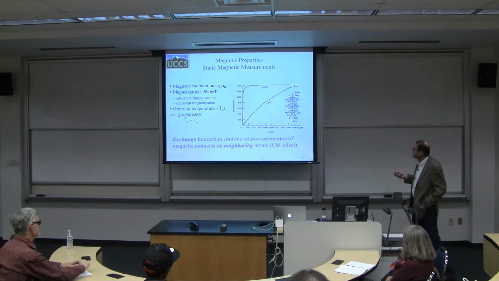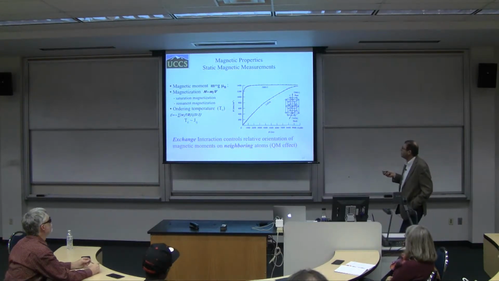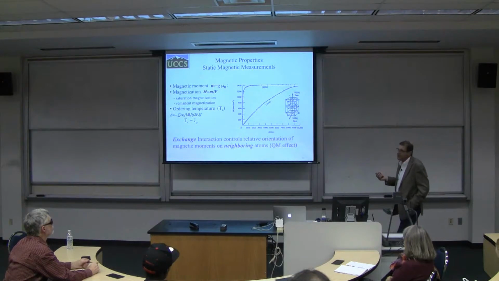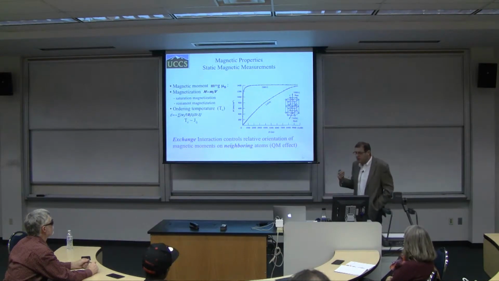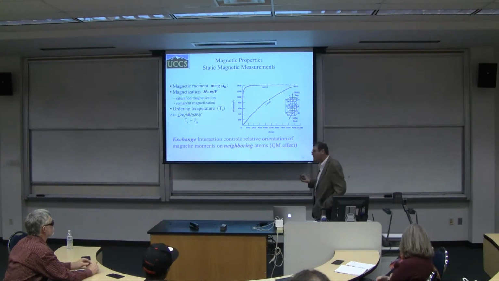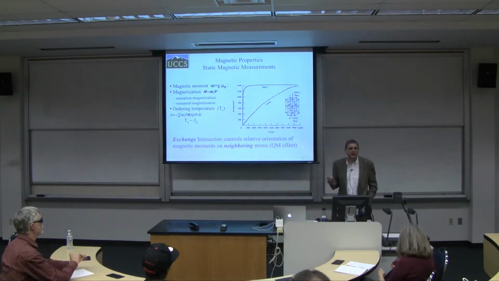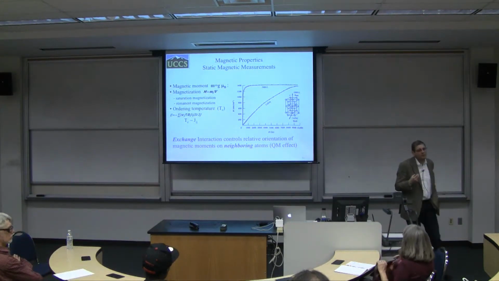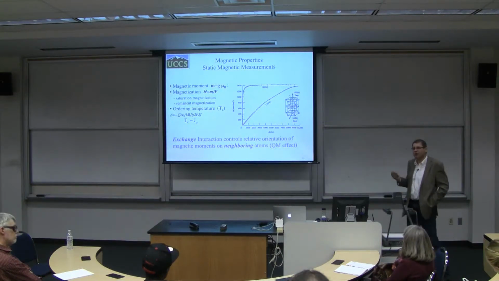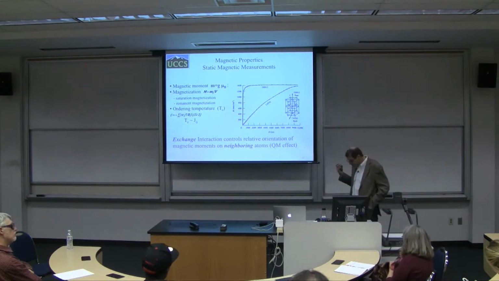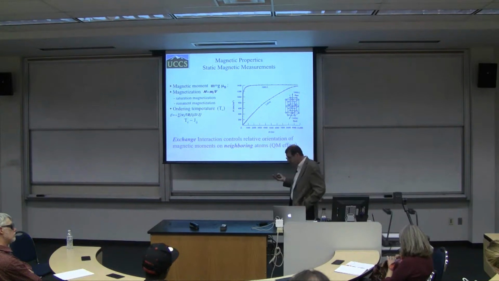The second thing we would like to determine is the ordering temperature. If the material we are making is non-magnetic at room temperature, its usefulness immediately drops. Very rarely do we use materials which operate at liquid nitrogen or helium temperatures.